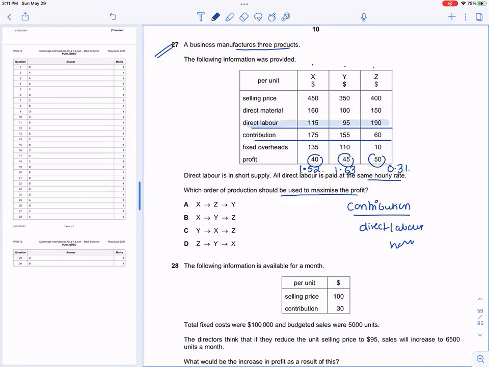The product which gives us highest contribution per limiting factor will be manufactured first. So which order of production should be used to maximize profit? First we will manufacture Y, then X, and then Z. So option C.